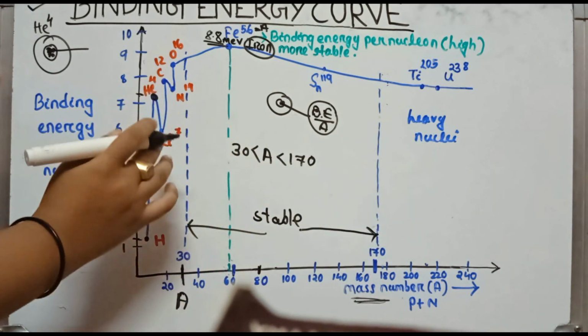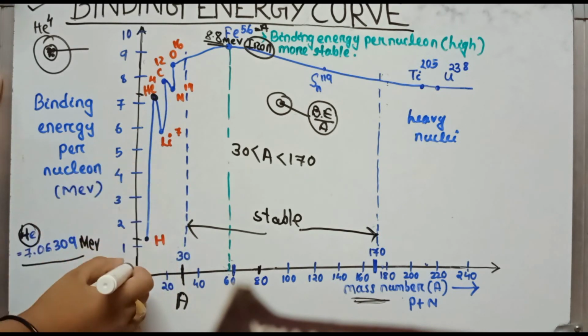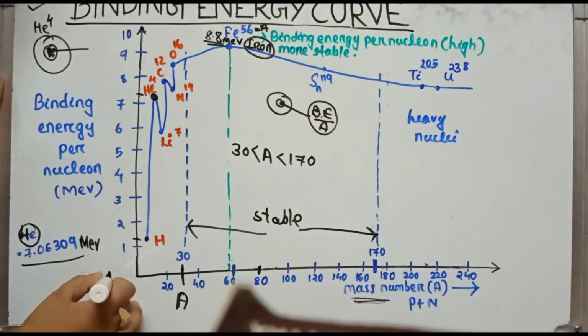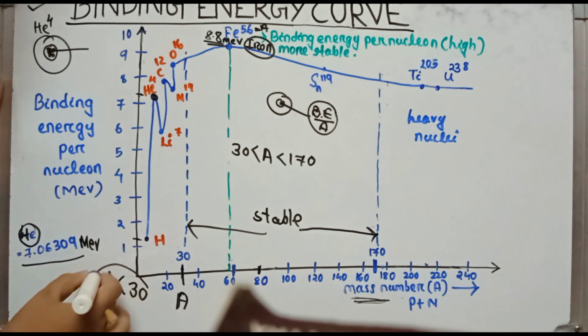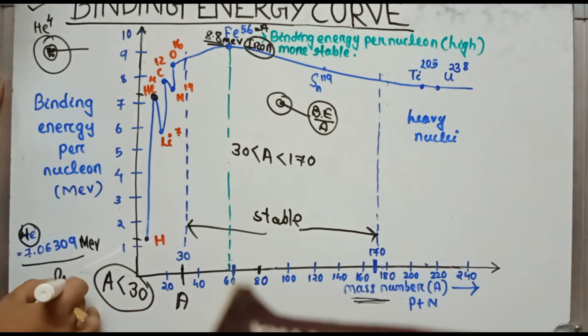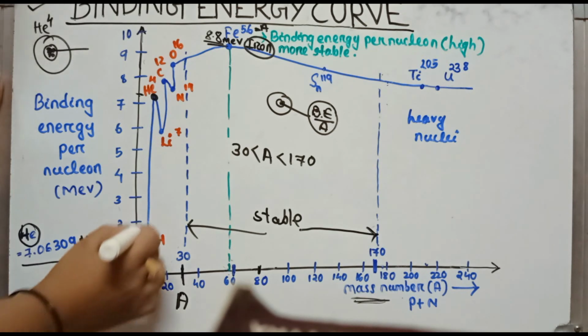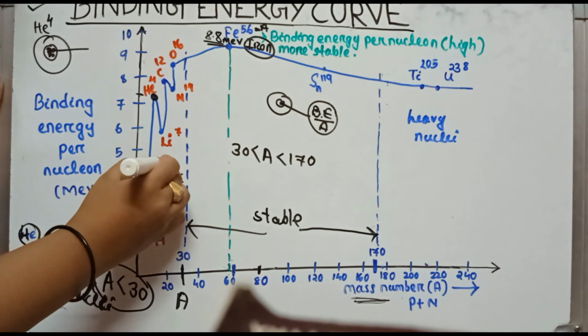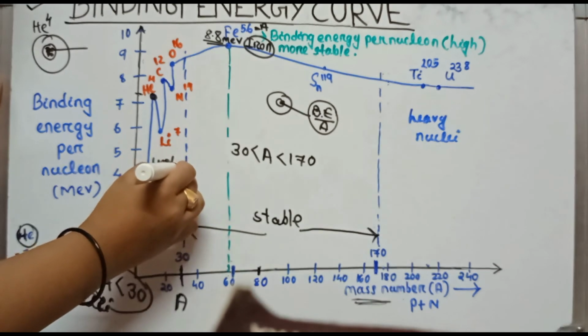As we go to mass number less than 30, these are the lighter nuclei, and they are also unstable.